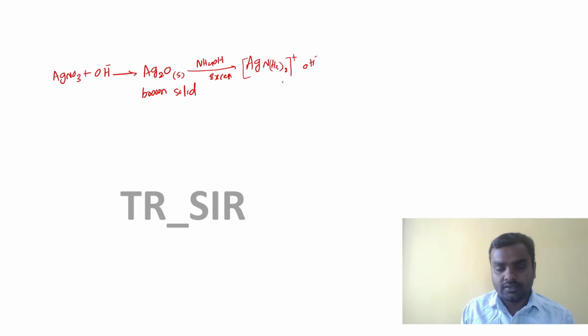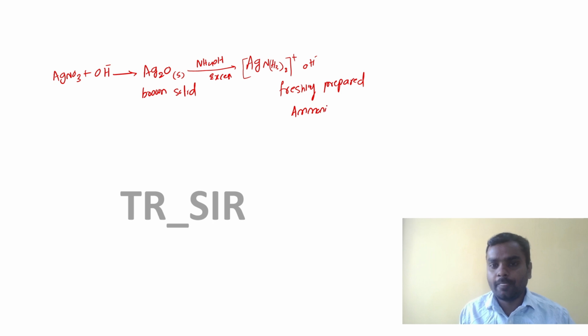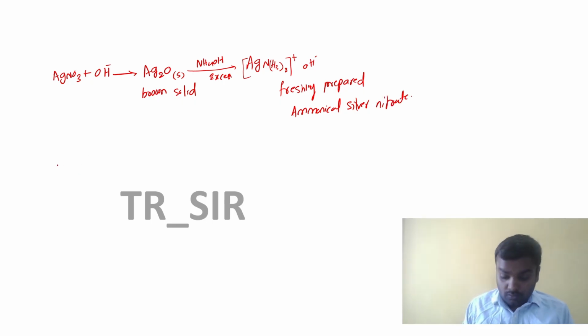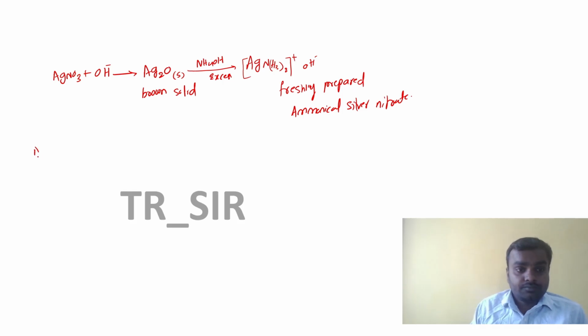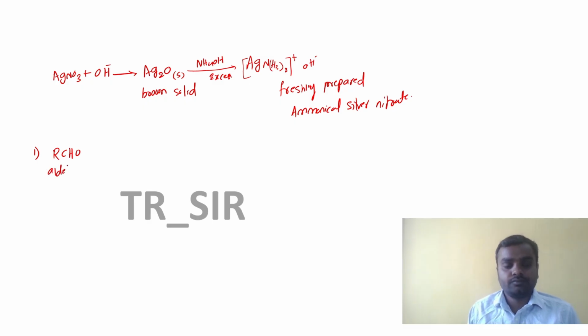This is called freshly prepared ammoniacal silver nitrate. Now, here what we'll do first, this will be given for aldehydes, RCHO.